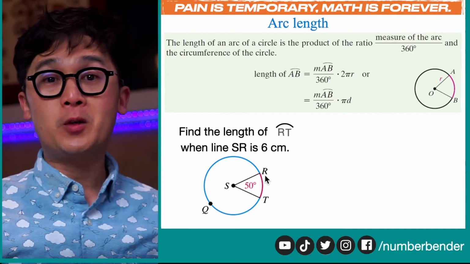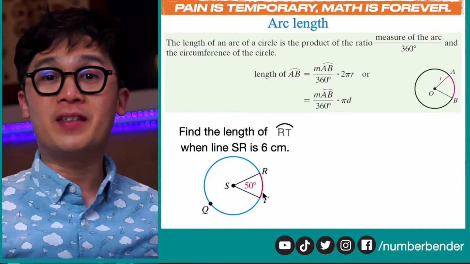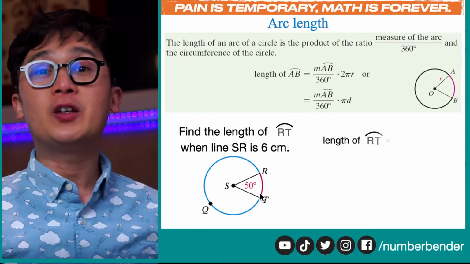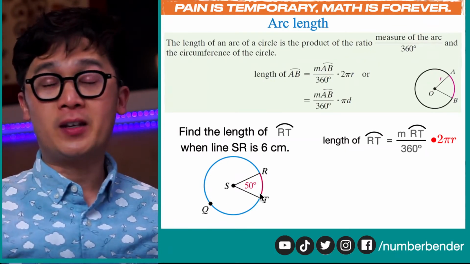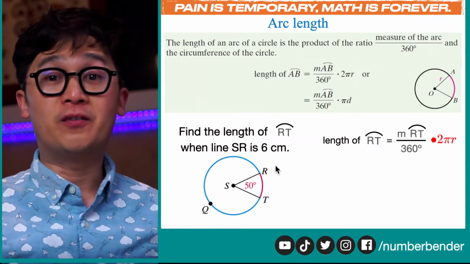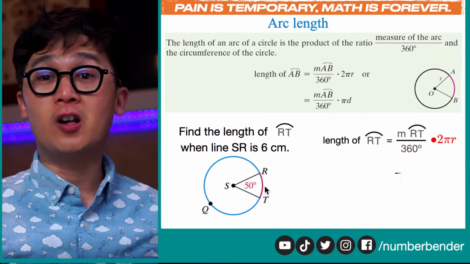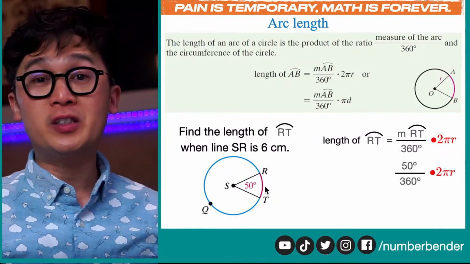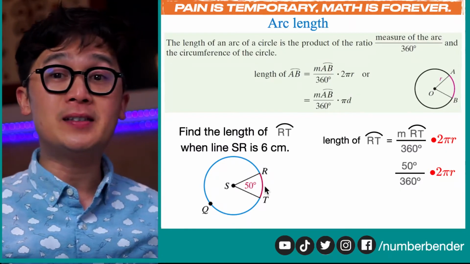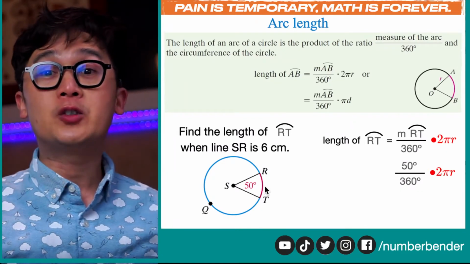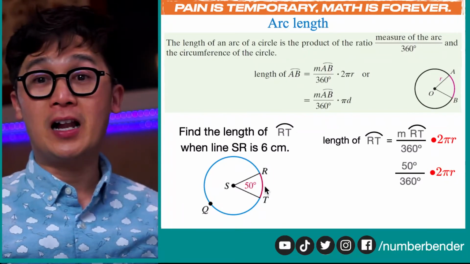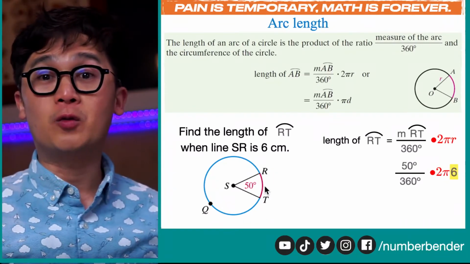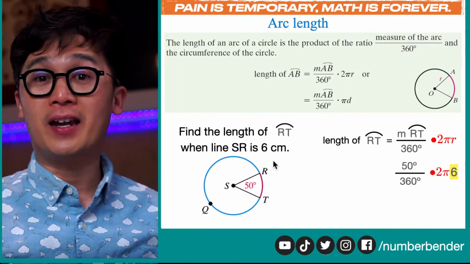We'll compute the measurement of this arc length using our formula. We are just going to divide 50 degrees by 360 degrees, and multiply it with 2 pi r, which is the formula for the circumference. And the radius value in this circle is equal to 6 as defined in our problem.